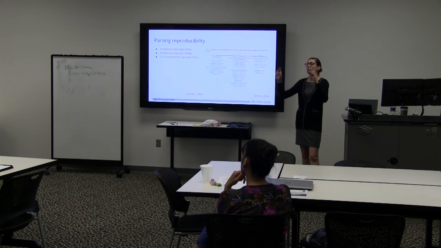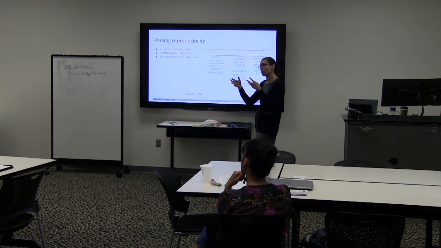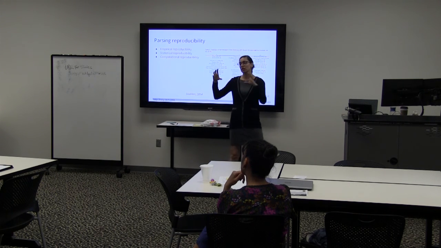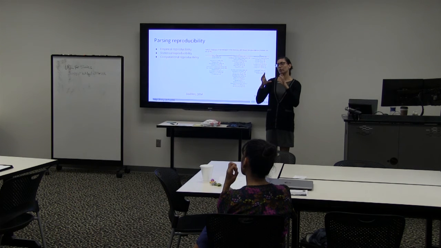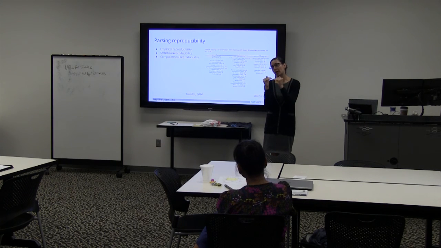It is the ability to take someone's data and code, or data and methods, whatever materials they included in their published paper, and to rerun them and get the same numbers, figures, tables in the published paper.